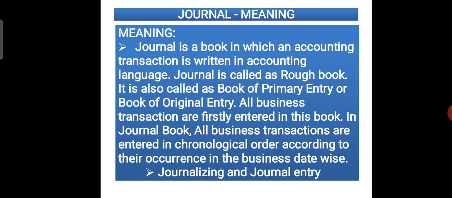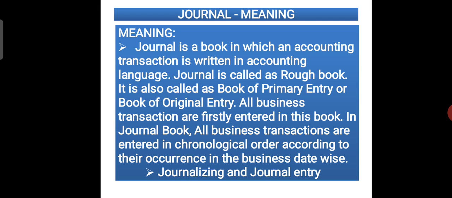Okay, students, I think you understood. See, all business transactions are firstly entered in this book. I already explained, as and when the business transaction takes place in the business, immediately we record it in a book that is called journal.